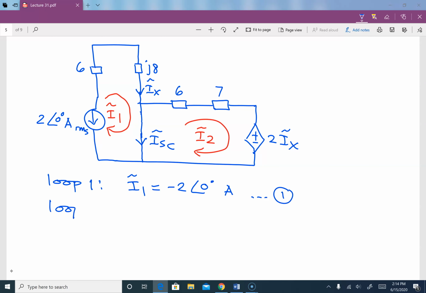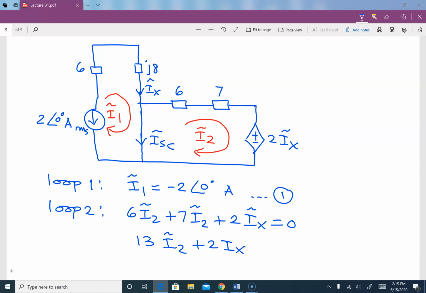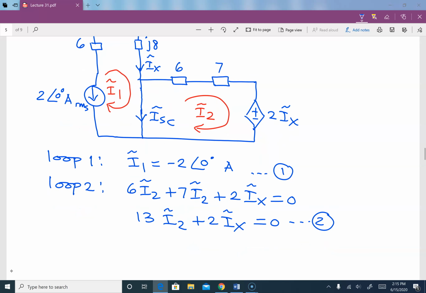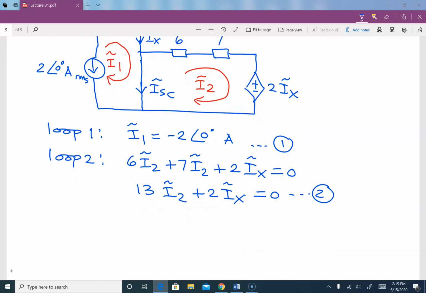And then loop 2, we can write 6I2 plus 7I2 plus 2IX is equal to 0, which means that 13I2 plus 2IX is equal to 0, and this is our second equation. However, now we have two equations with 3 unknowns. Then we need the equation from the controlling variable Ix, and our Ix in this case is equal to negative 2 with angle 0, and that is our third equation.